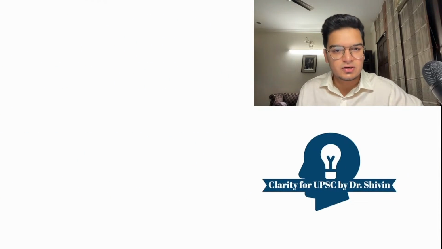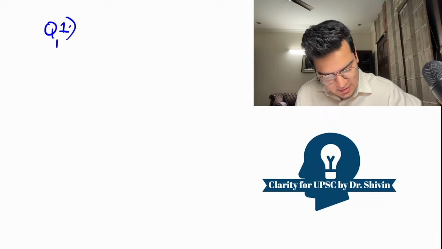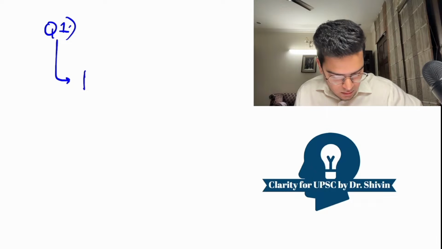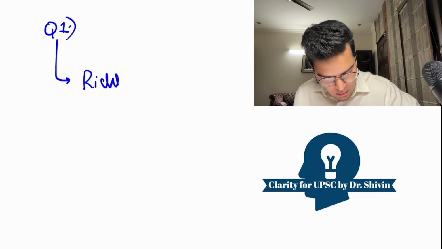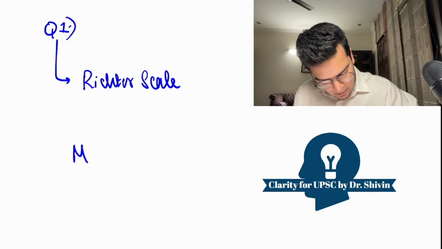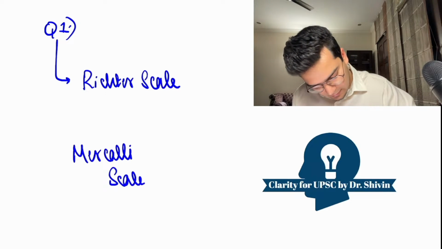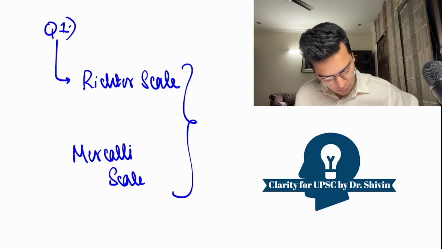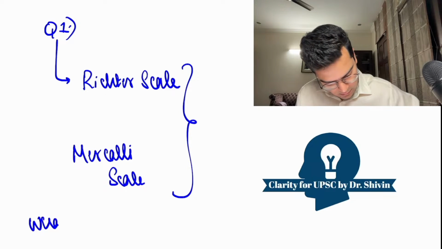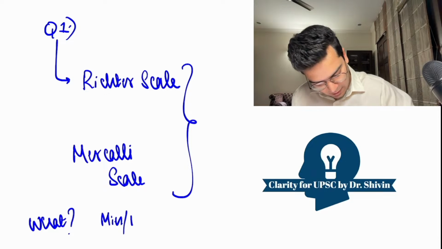So the first question, and I'll give you 1 minute for each. The first question is: Richter scale and Mercalli scale. What you have to tell me is for what they are used and what is the minimum and maximum reading in both.